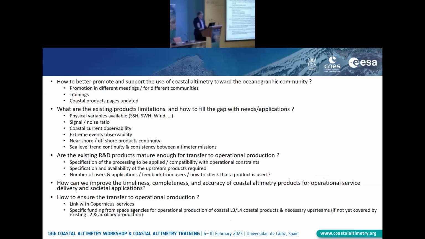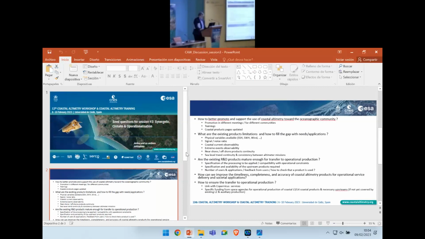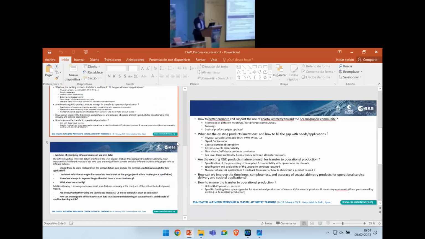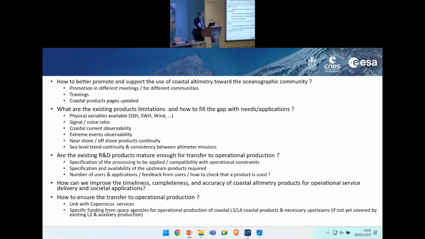Then, do you want to comment? Okay. So Ben, I really would like to stress the importance of that third bullet point that you have there. How are we going to enable the inclusion of coastal altimetry in operational products?